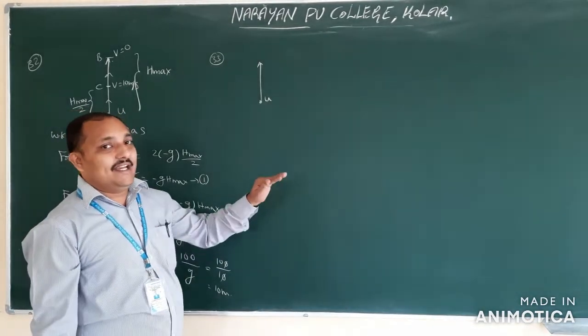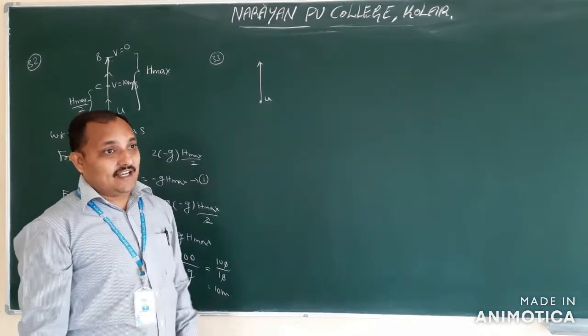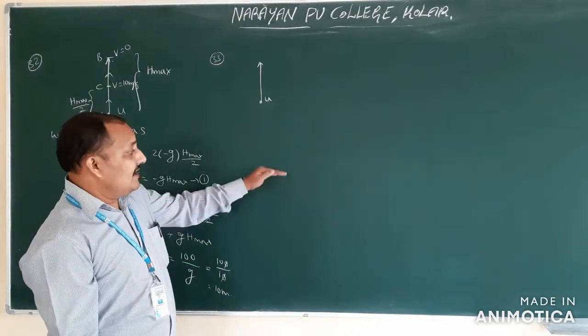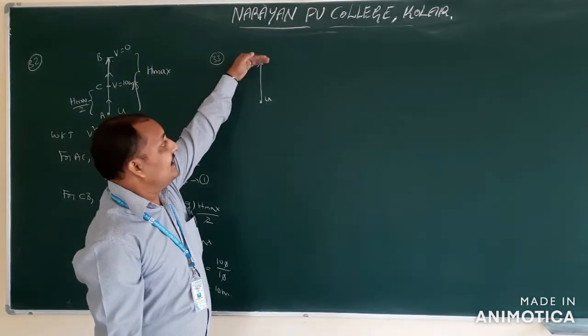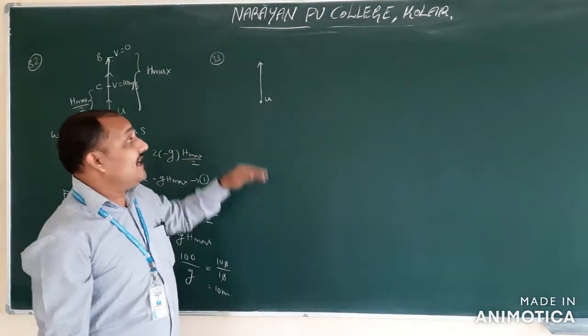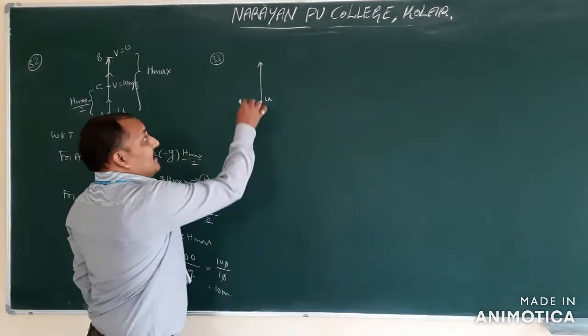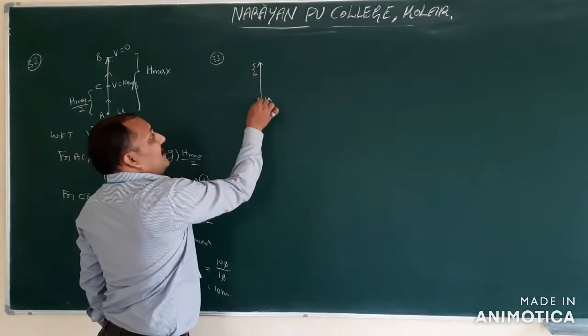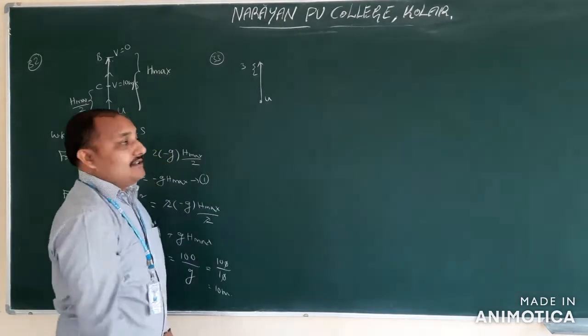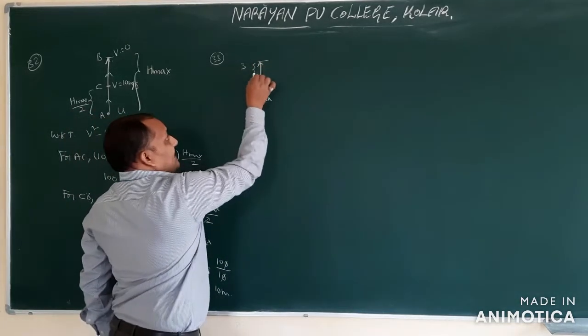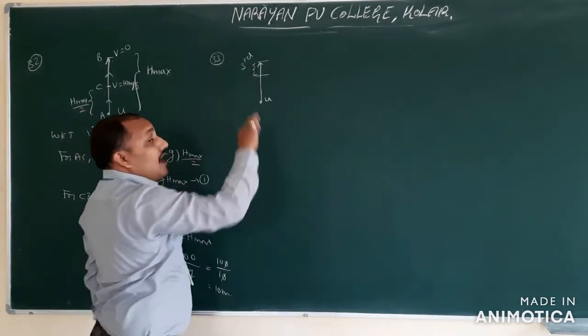9th and 10th second means 9 is to reach maximum height, 10 whenever it is coming downwards. They gave their distance covered in 3rd second and 4th second will be equal. 3rd second means let us assume from here to here total time is 3 seconds. Now distance between second and third, that is nothing but the last second.